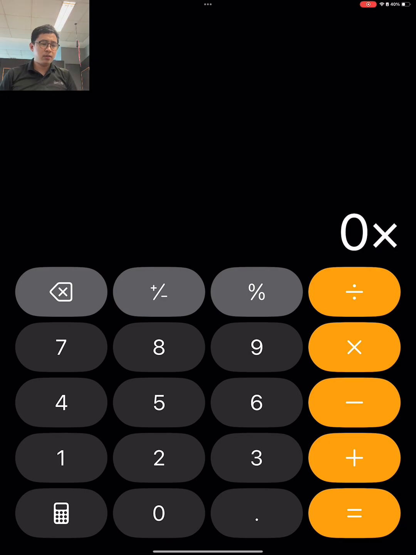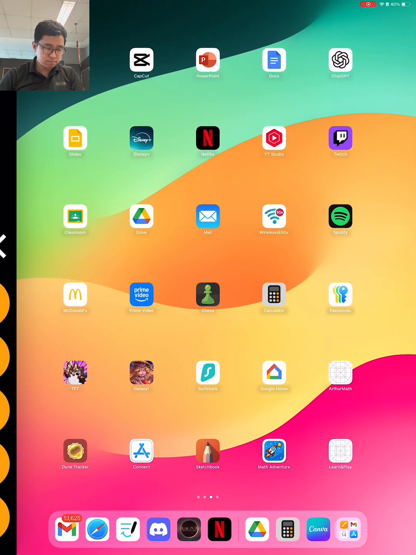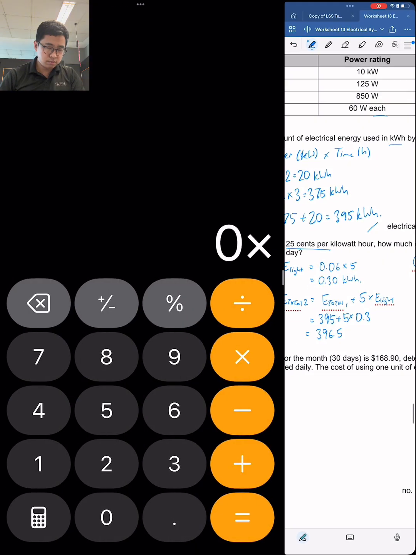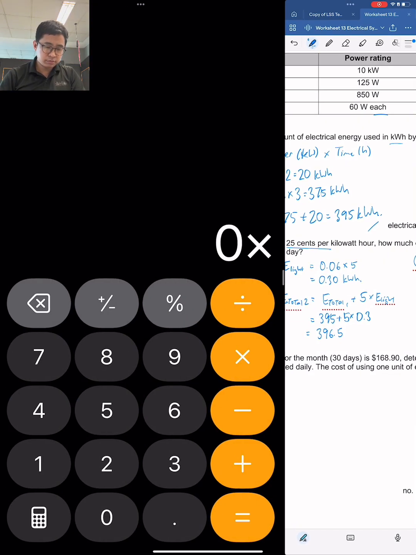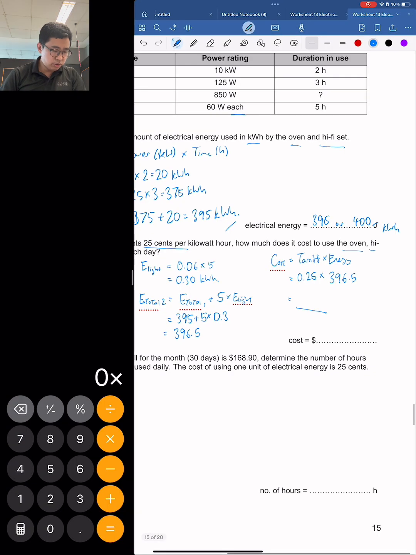So what do I need? Let me split screen. Okay, so I need 0.25 times 396.5.